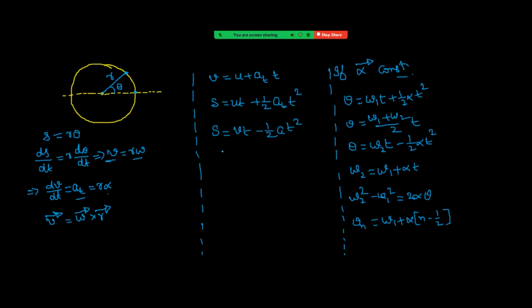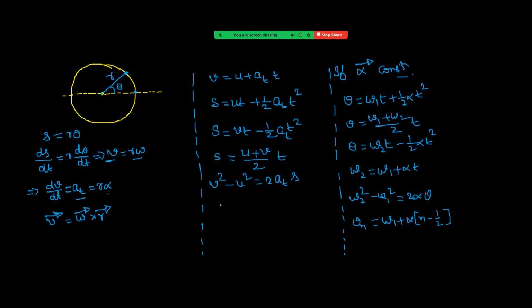Next, what I can write here? I think first one is over, right, this part is left. S equal to (u plus v) by 2 into t. Okay. Next, what else is left here? This last one, right? That is v square minus u square equal to 2 a_t into s.